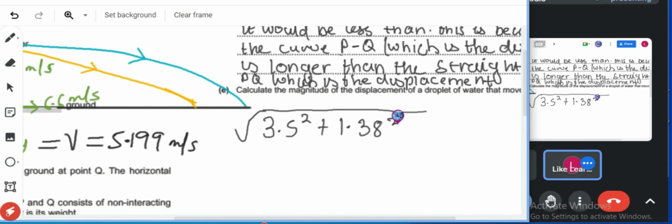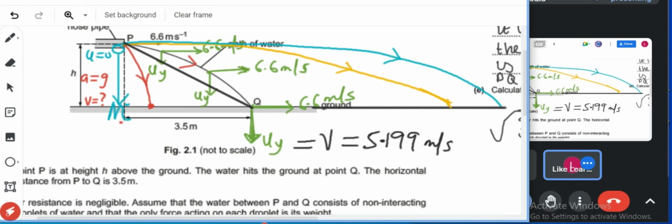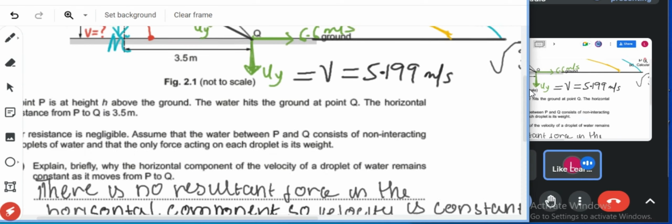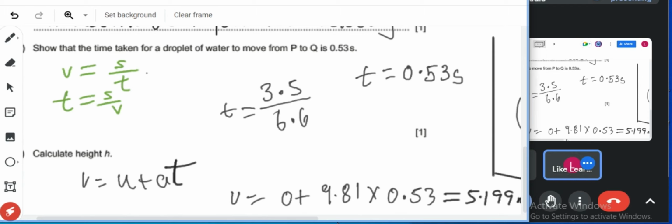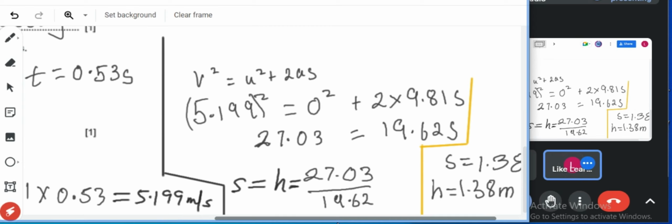So square root of 3.5 squared plus 1.38 squared. 3.5 is M to Q, and P to M, which is the height, is what you found earlier to be 1.38.